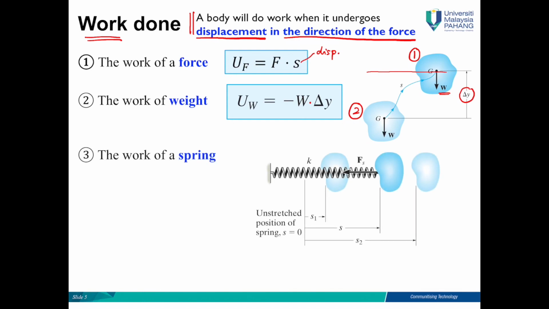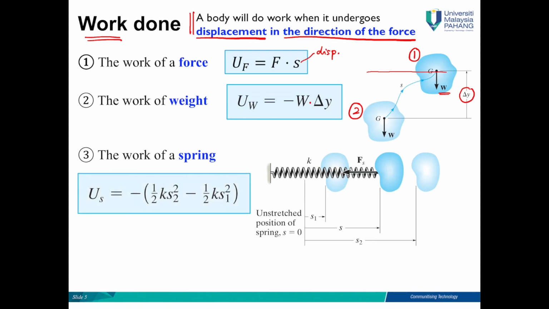The third type is the work of a spring. Whenever the spring is stretched or compressed, there will be work done as well. The work done by the spring is calculated using this formula: minus 1 over 2 k s2 squared minus 1 over 2 k s1 squared.